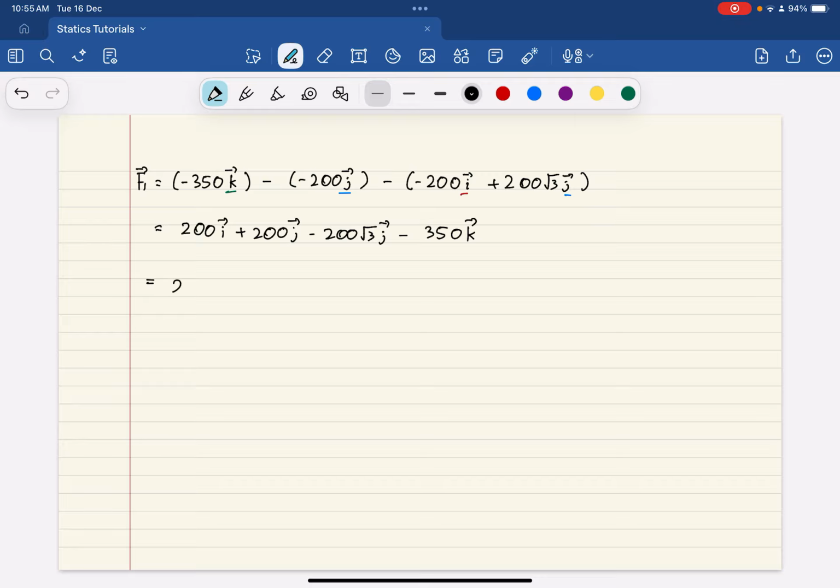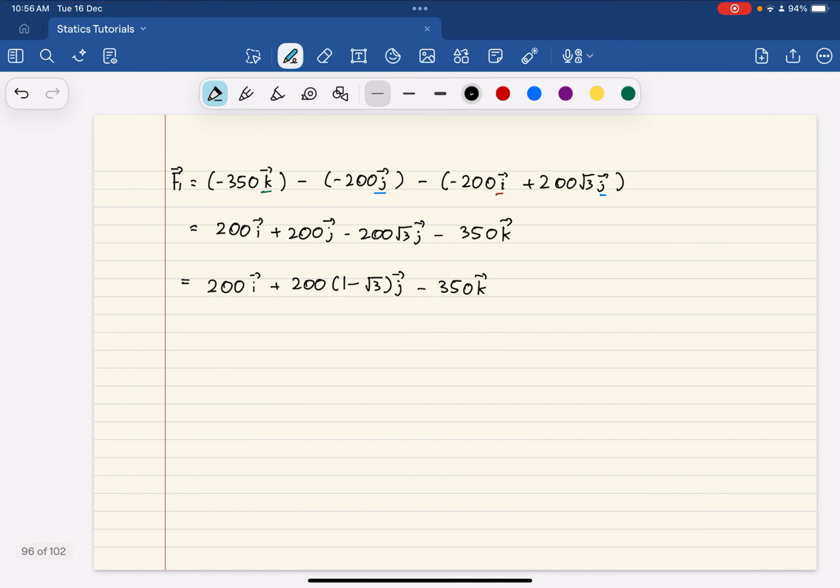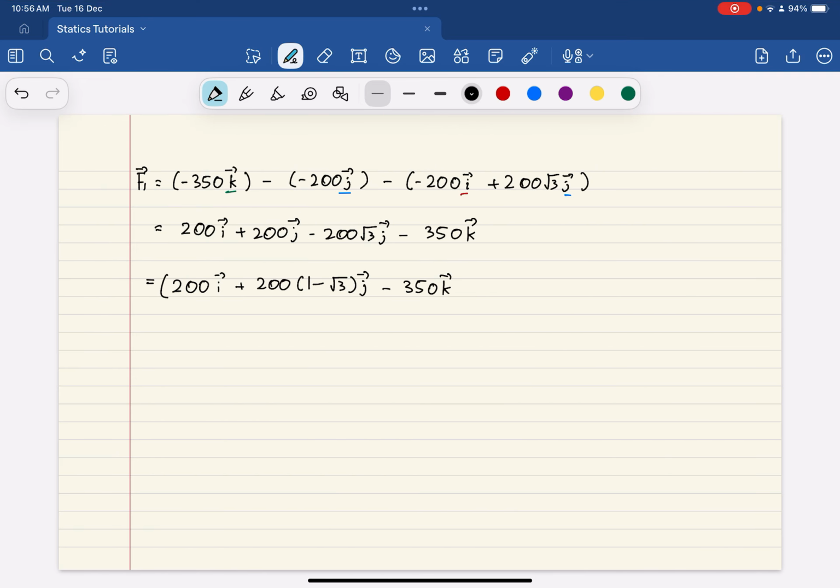So F1 would be 200 i plus 200 (1 minus root 3) j minus 350 k, which is fairly logical, right? Yeah, makes sense. And of course, this would be in pounds.